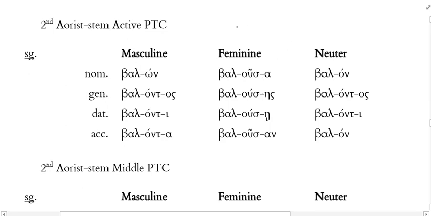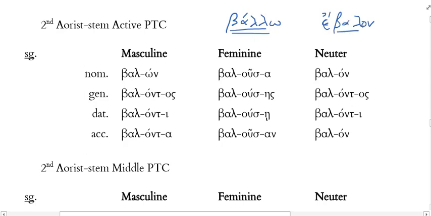We're going to use the word ballo, okay? So in the present active indicative, for to cast, it's ballo with a double lambda. The present stem has two lambdas here. We learned the second aorist was ebalon. He threw. Ebalon. Look at the form here.